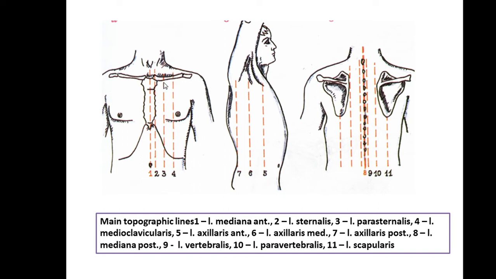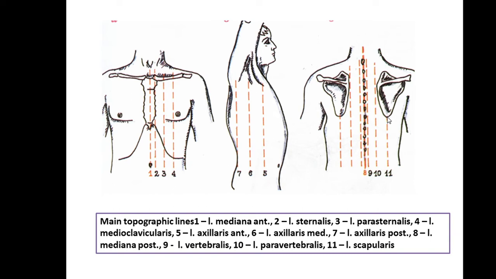The line which is located between the sternal and mid-clavicular line we call the parasternal line. Also, you should know three axillary lines: anterior, middle, and posterior axillary line. In the posterior part of the chest, you see first the posterior median line, and then the vertebral line.